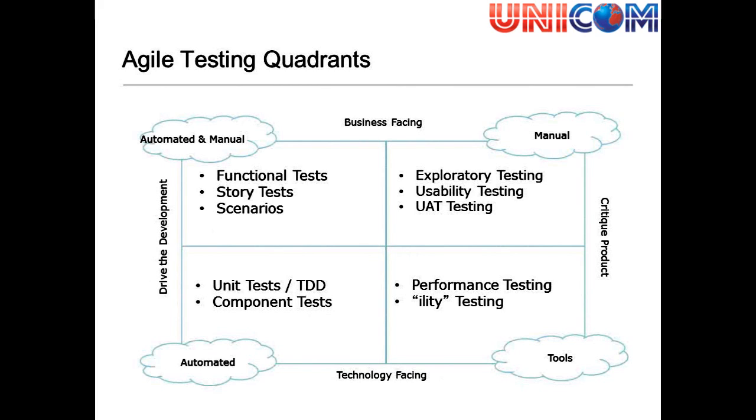So at the top of this, you can see the business-facing, automated and manual testing strategy, functional tests, story test scenarios, for example, and then I'll have a think about, okay, technology facing. What are we going to use? How will we test? Will we use tools? Will we write our own test suite? Those kind of questions will come to mind during my planning phase.